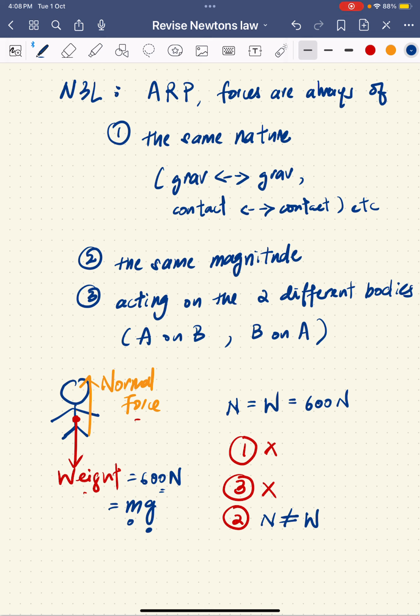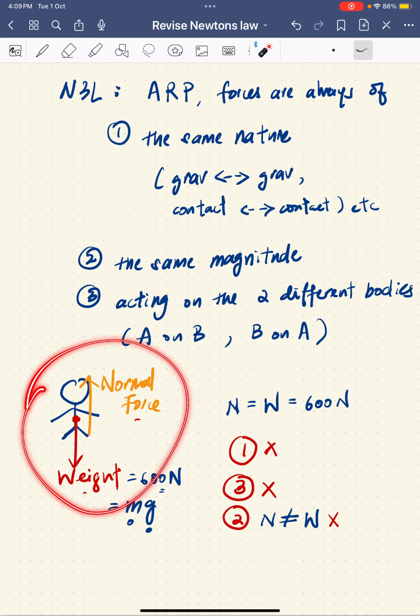The normal force is actually a force depending on how hard the person is pushing on the ground, and the ground is pushing back on the person equally with that same pushing effect. So it is not necessarily always equal to the magnitude of the weight. Therefore, even criteria number 2 is not always obeyed. And thus it's very clear that for these two forces, normal force and weight, they do not form an action-reaction pair.